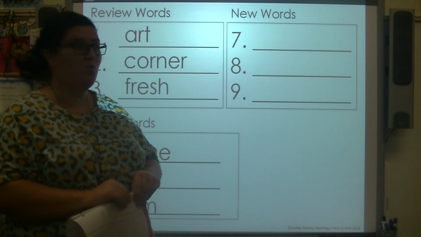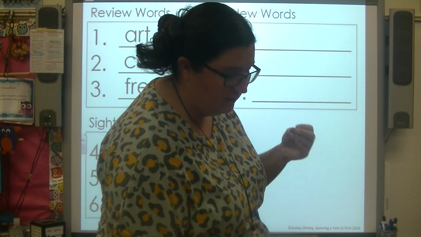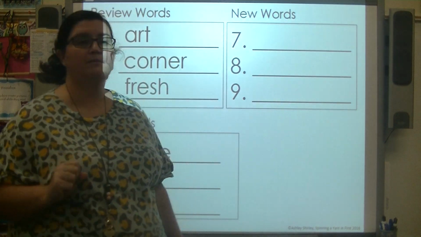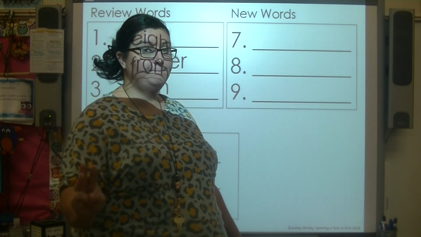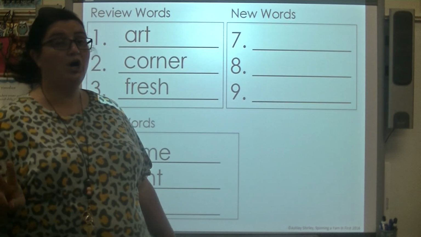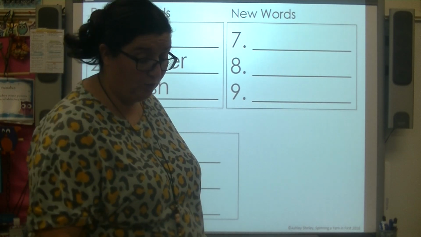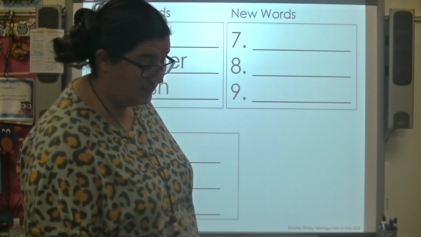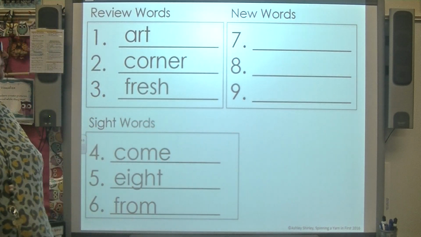The worm will squiggle and wiggle around. Worm. Listen to the sounds. My turn. W. One more time. W. Remember the rule for worm. It has that bossy W sound. Worm.